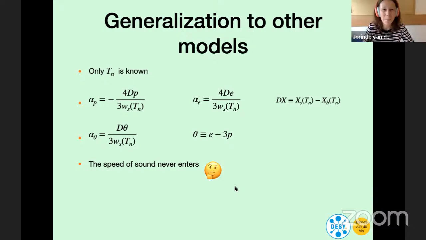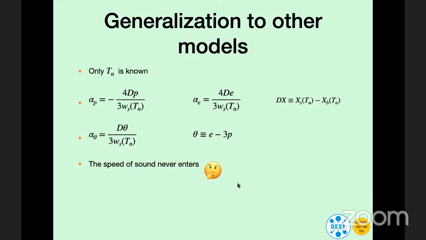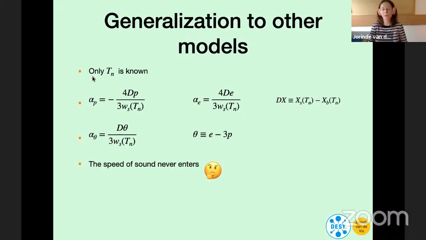Okay. So how is this generalization to other models done in the literature? Bear in mind that if you're not solving the hydrodynamic equations yourself, what you know typically is just the nucleation temperature. So you do not know the temperature in the plasma. So any phase transition strength has to be evaluated at the nucleation temperature. There are typically 3 ways in which this is done. Here I'm defining some notation.